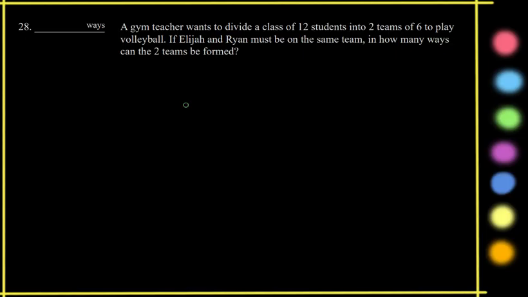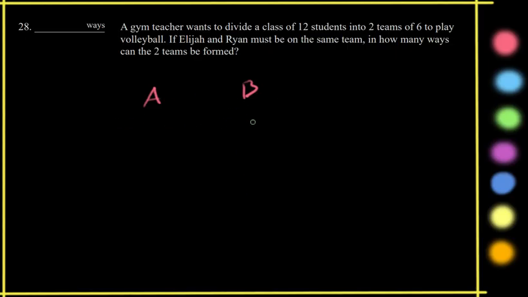You might not think about this the right way if you're in a hurry, and there's lots of different ways to think about this. You might say that there's team A and team B, and you might think, okay, how many ways can I form team A, and then how many ways can I form team B?